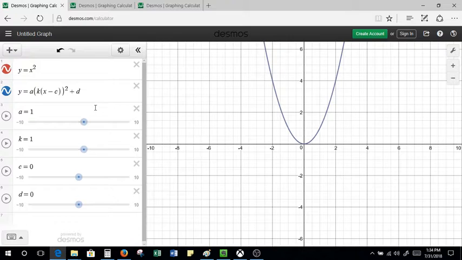Let's take a look at A. So A is going to be our vertical stretch or shrink. We say a factor of because this is multiplication. So if we make A 2, for example, for the same horizontal distance moved, we should see the transformation, which is going to be our blue function, go twice as high.